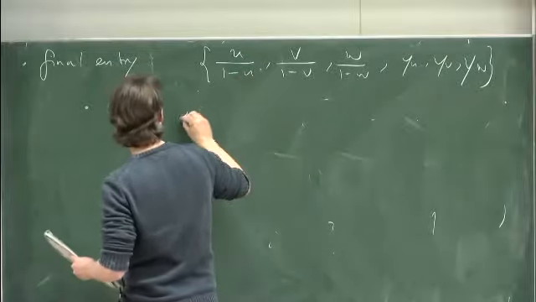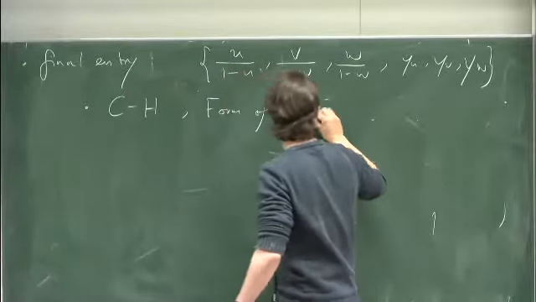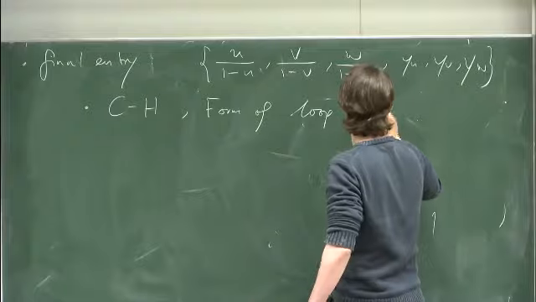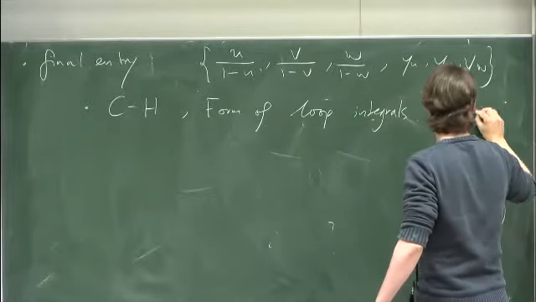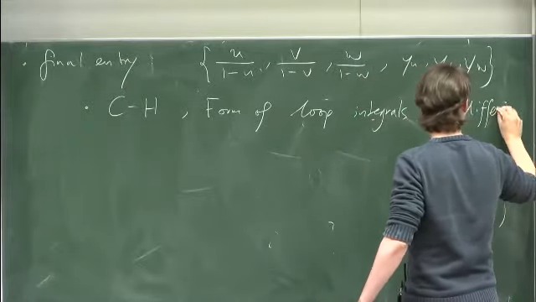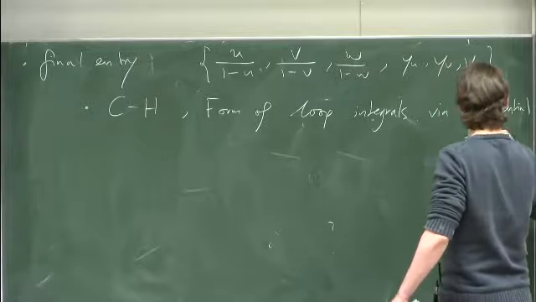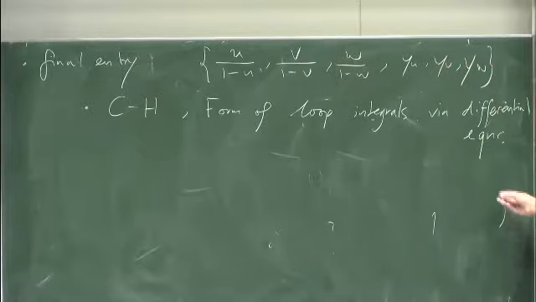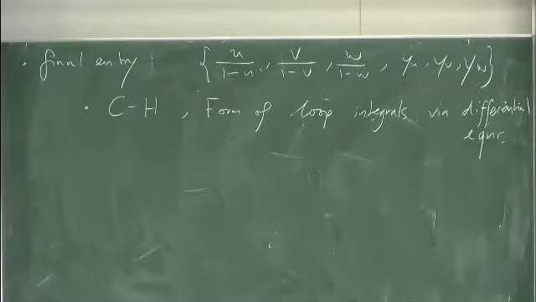We also observed this in the form of the loop integrals that we can analyze via differential equation, and essentially the final entry is restricted to be of that form so that the integral does satisfy its differential equation.